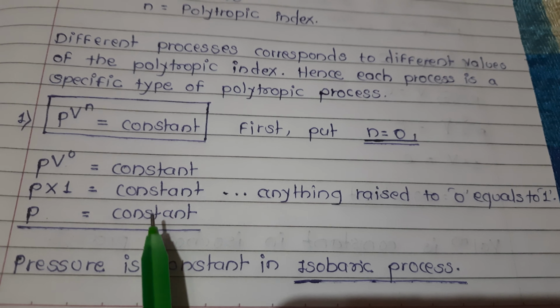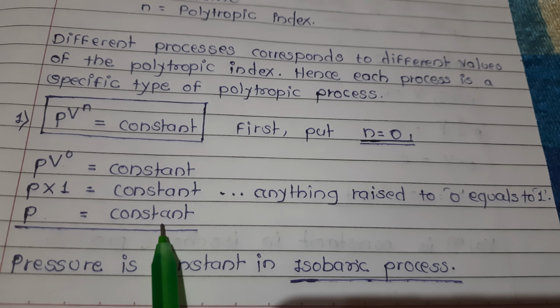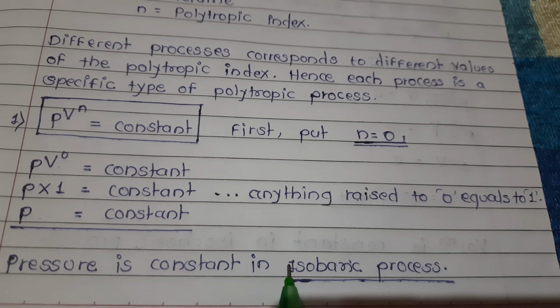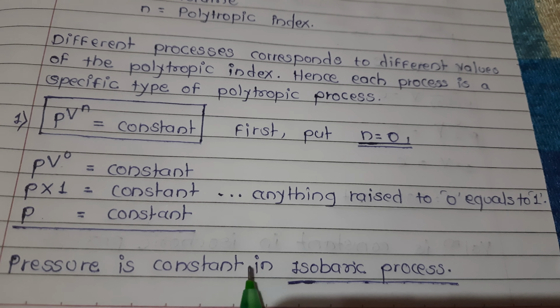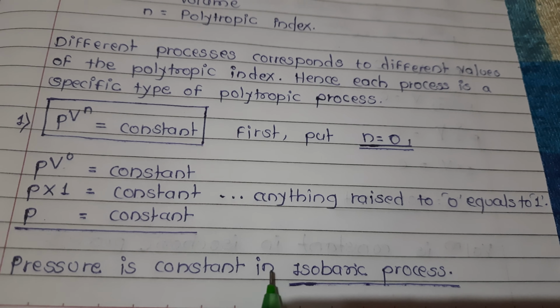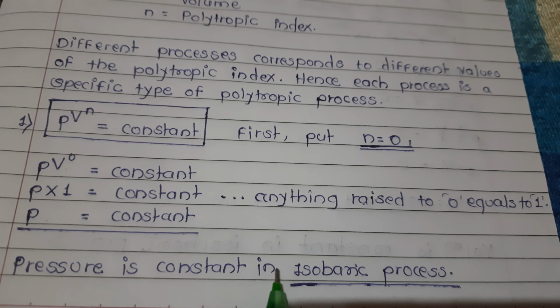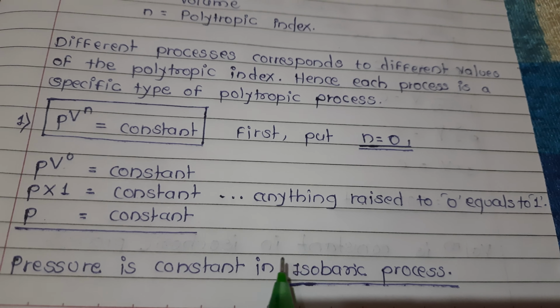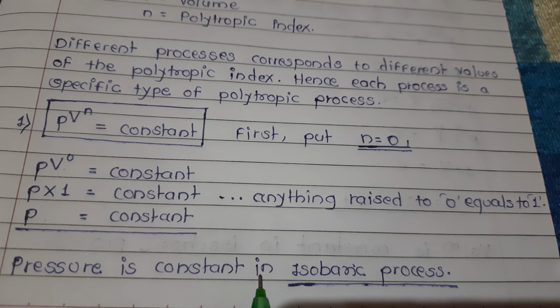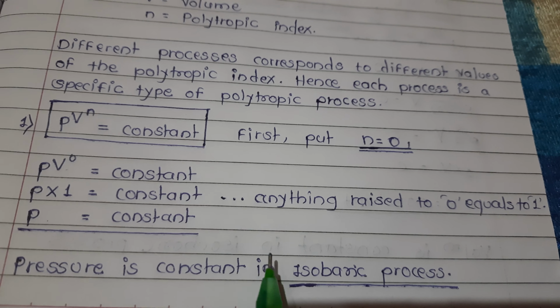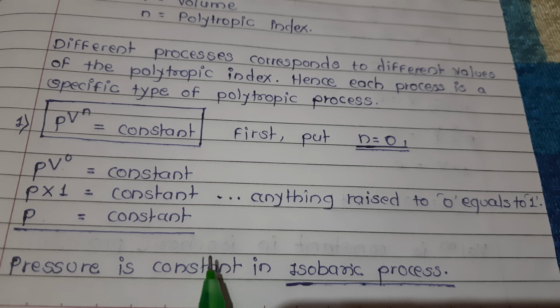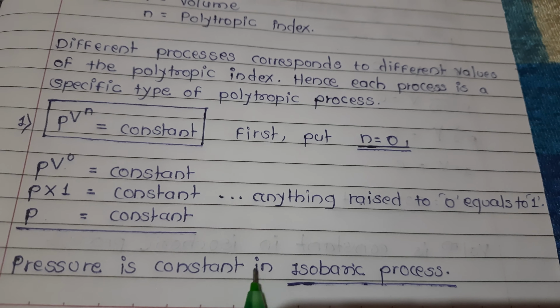In which process is P constant? Pressure constant means isobaric process. We already studied the isothermal process, isochoric process, isobaric process and adiabatic process. If you didn't see that video, I will give the link in the description box.